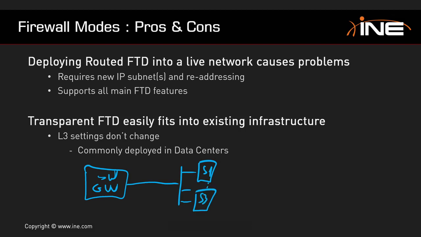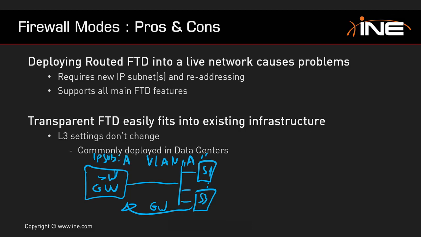We have a bunch of servers and they all point to the switch. They use it as a gateway. And we are using a single VLAN, let's say VLAN A, and those devices are all in the same subnet, let's say IP subnet A.